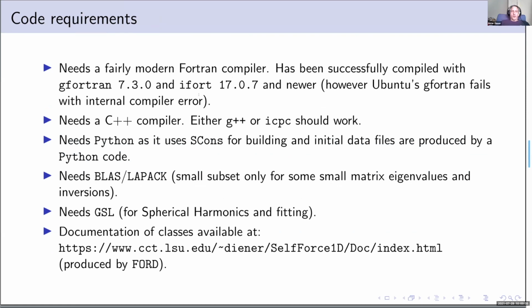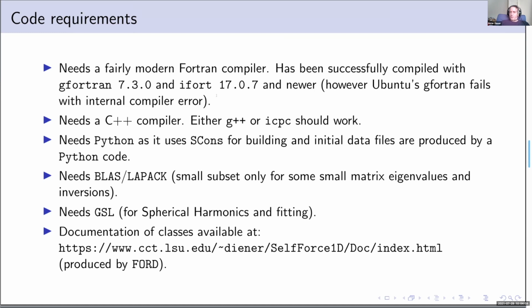Okay. So the code requirements: because it uses object-oriented Fortran, it needs a fairly modern Fortran compiler, but it has been successfully compiled with gfortran 7.3 and ifort 17 and newer. Just a caution: Ubuntu's installation of Fortran somehow is messed up, and every time I try to use it, I get an internal compiler error.